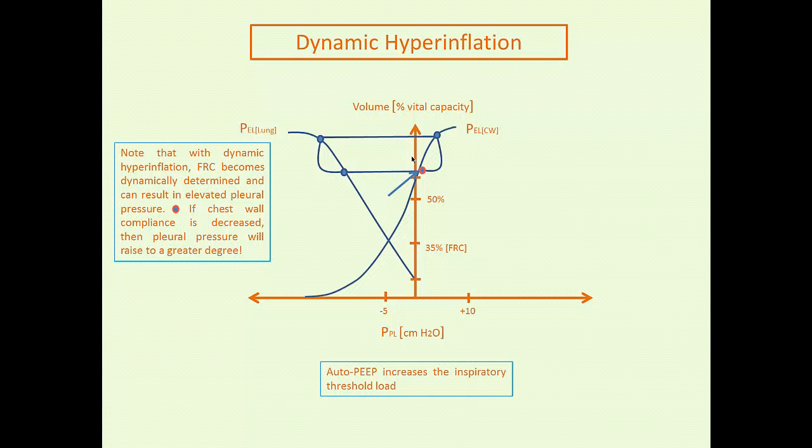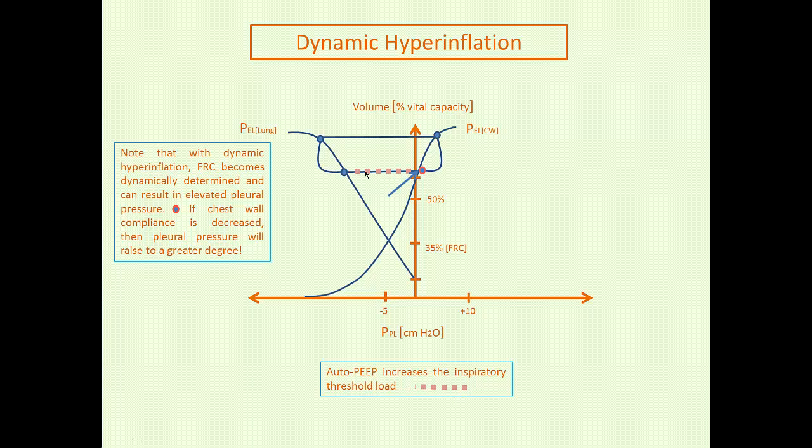So remember, in a normal patient at a normally determined functional residual capacity, the intrathoracic pressure is slightly subatmospheric. But in this patient now, the intrathoracic pressure is starting to become increased, and this essentially reflects your alveolar pressure that must be generated to initiate gas flow yet again, and that's depicted by this pink dotted line here.